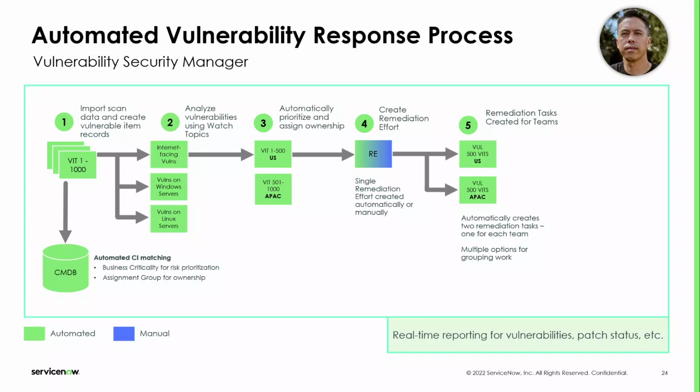Then, once those remediation efforts have been created, those tasks are automatically created and assigned to the correct individuals and teams on our IT teams to begin that remediation process. Again, so much of this is automated and happens without the vulnerability manager needing to do anything, but there is always that ability to manually go in and create efforts and tasks.